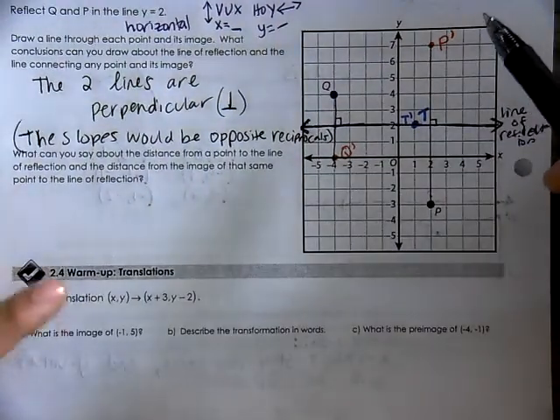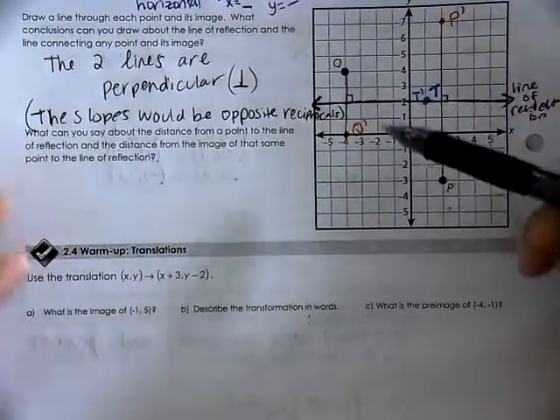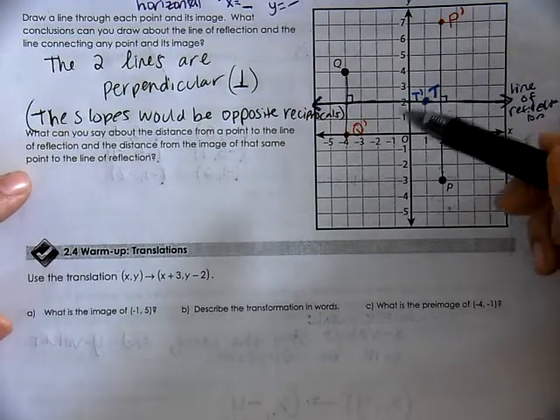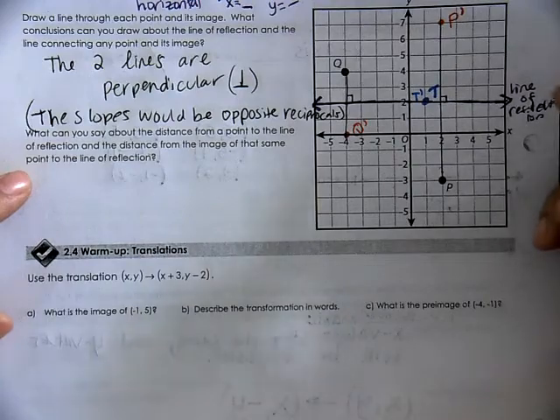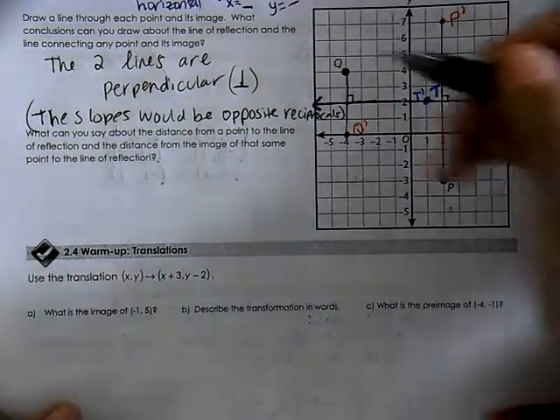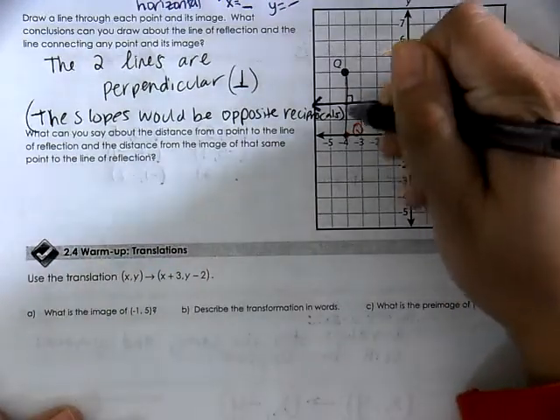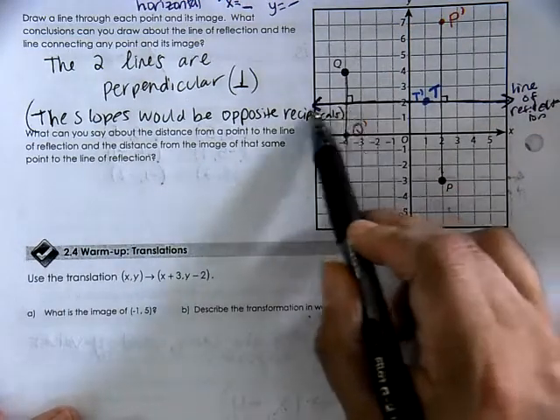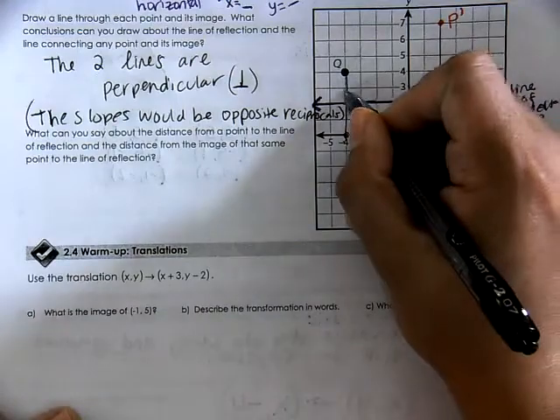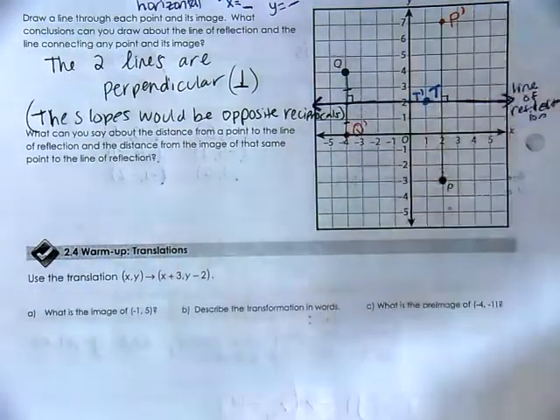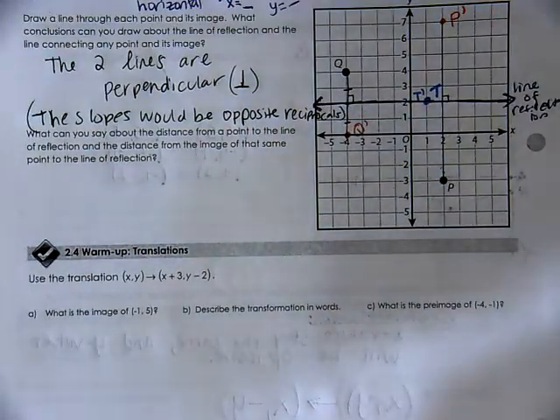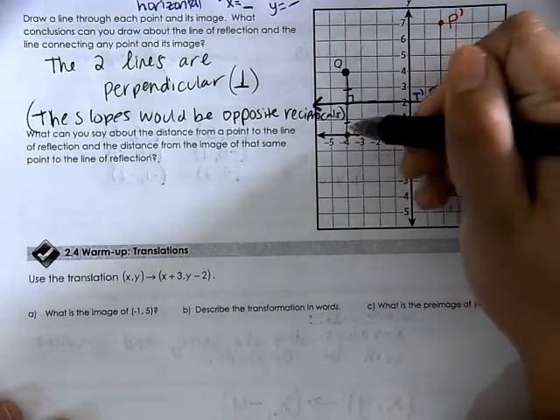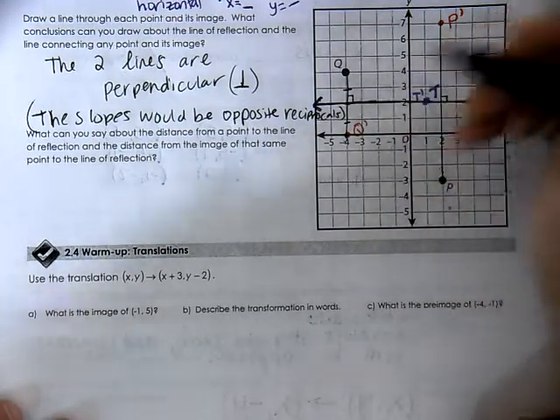The last thing, it says, what can you say about the distance from a point to the line of reflection and the distance from the image of that same point to the line of reflection? It's kind of wordy, but what it's basically saying is that each of these points going to the actual line of reflection is equidistant, because we counted how far away it was going to go for each of them. So from Q to the line of reflection and from Q prime to the line of reflection.